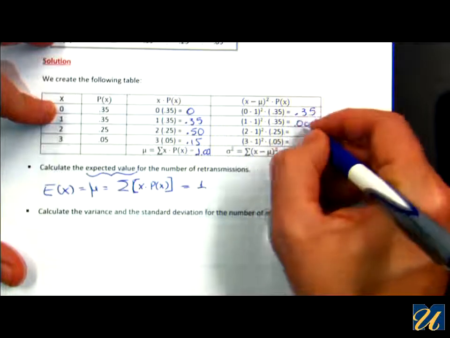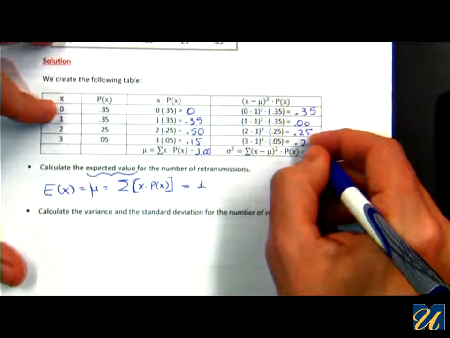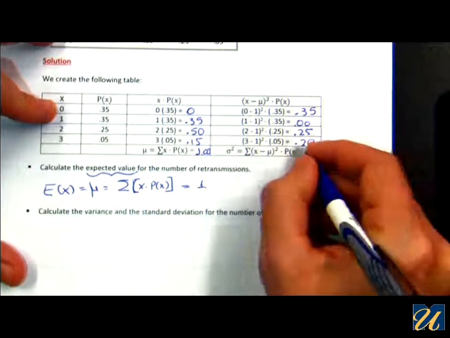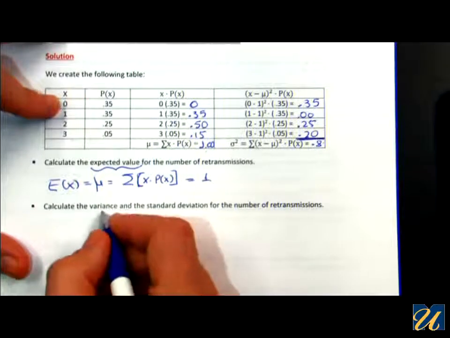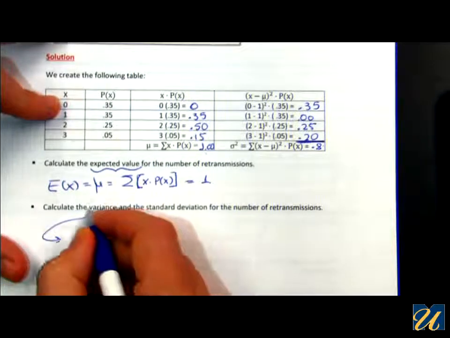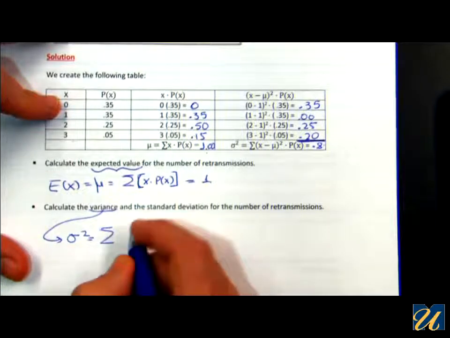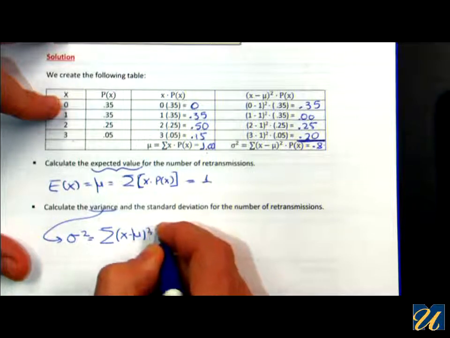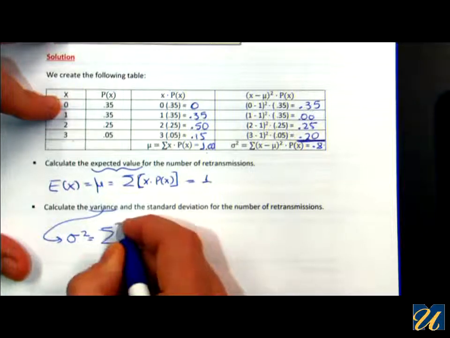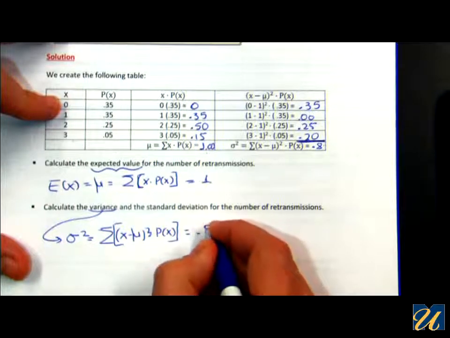This is 0.25, 0.2, and then at the end I add them all and I get 0.8. So the variance is sigma squared and is equal to the sum of (x minus mu) squared times P(x), the corresponding probability, and in this case it is 0.8.